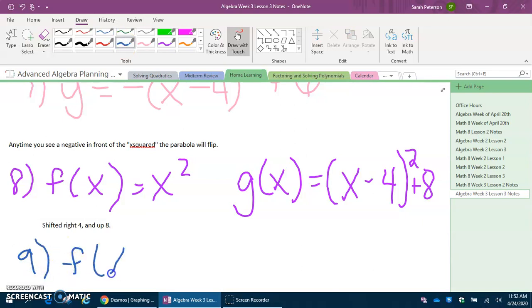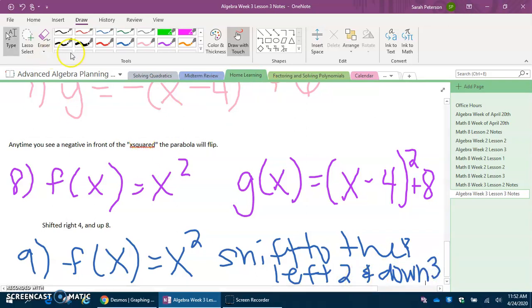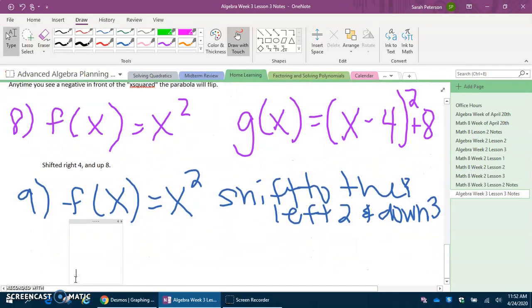If I have the function f of x equals x squared, and I want to shift it to the right, well, let's do to the left 2 and down 3, what might the equation look like? Your job might be to write what the equation looks like afterwards. So the way you would do this is you take your original function, x squared.